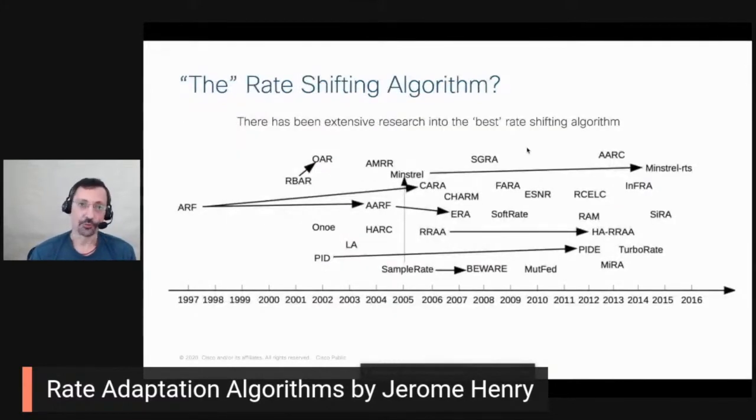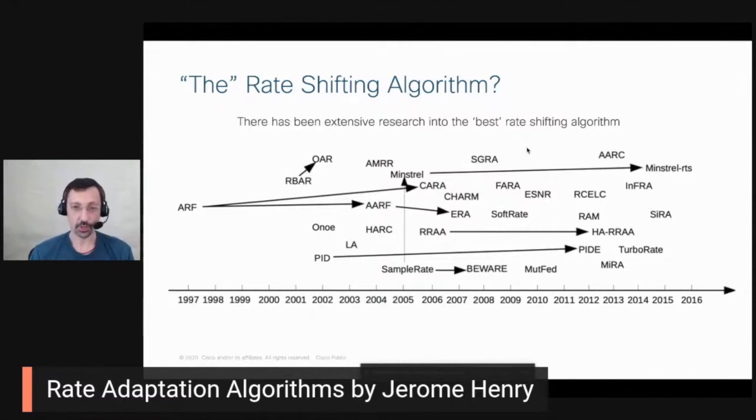And I'm not the first one to say this. In fact, in academia, as we say, this has been a problem for the last 40 years now. Yeah, 40 years, way before 802.11. Right at the beginning of modulations in the unlicensed scheme in the 1980s, people started saying, how do I choose a rate? And there have been, as you see here, multiple exchanges and multiple theories on what would be the best rate.